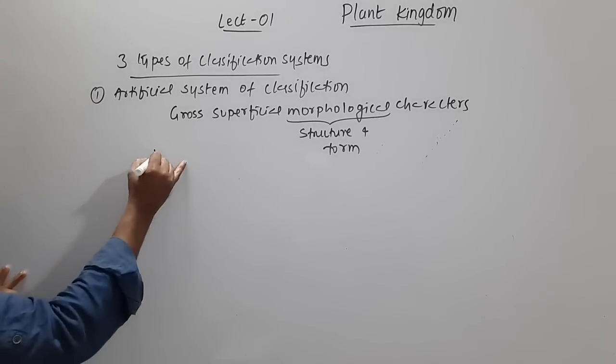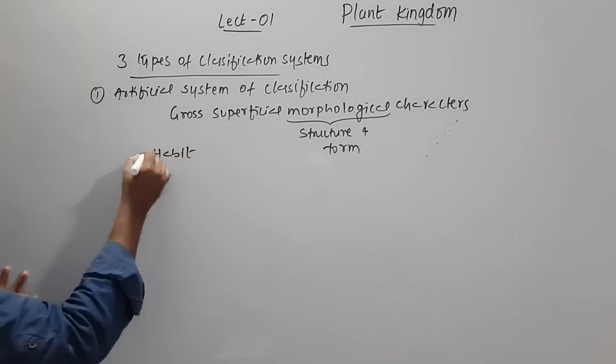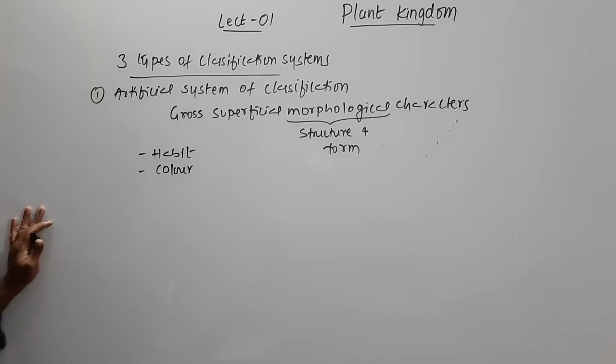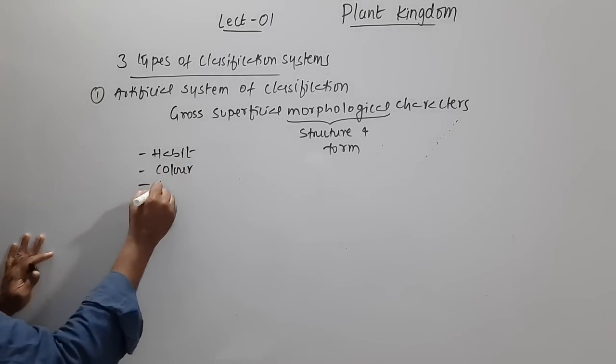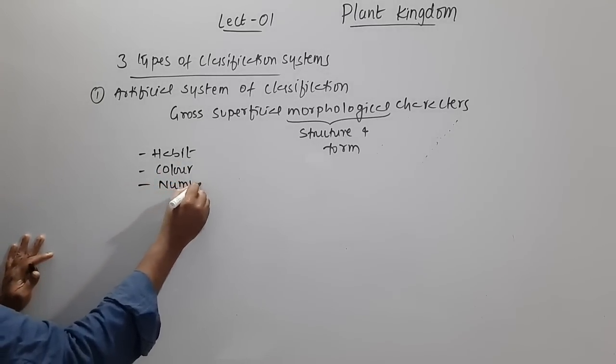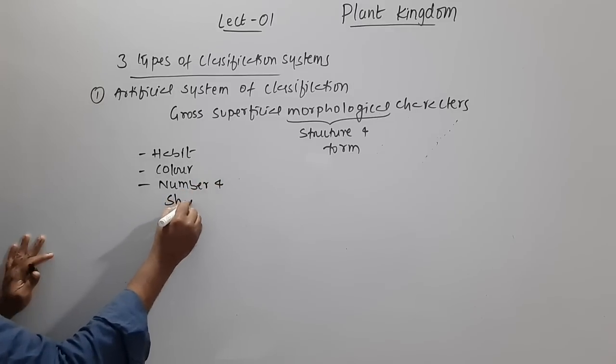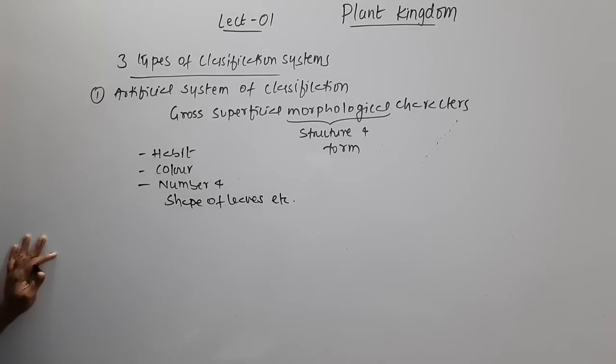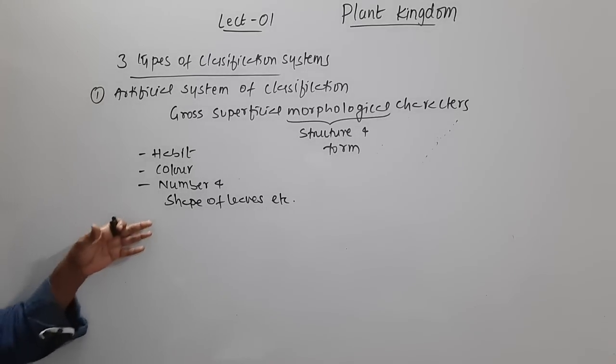They used to consider the habit, the color, then the number and shape of leaves, etc. These are the gross superficial morphological characters they considered.